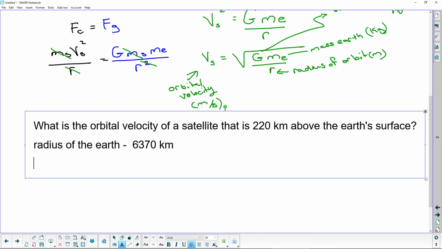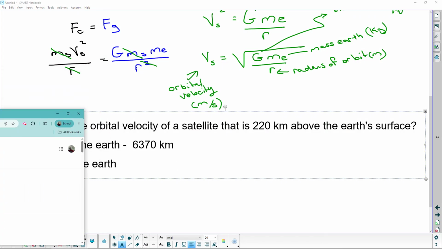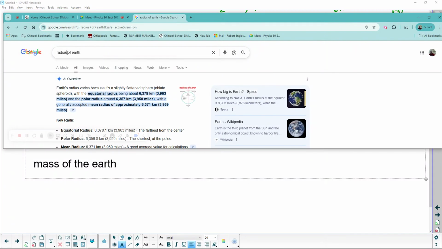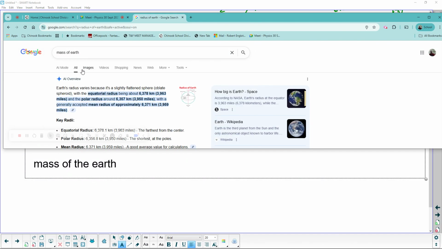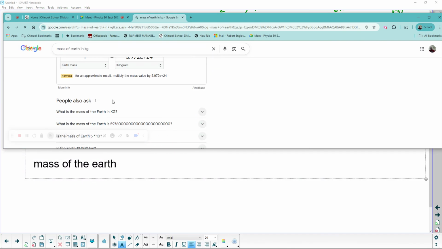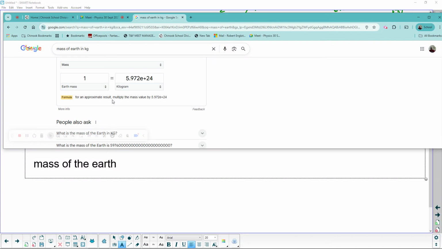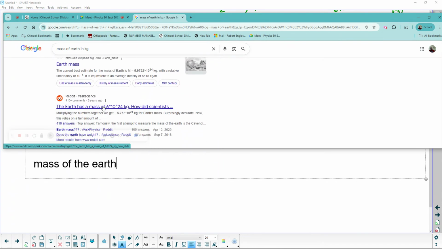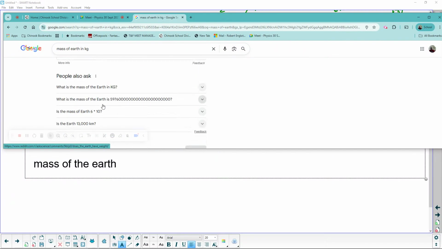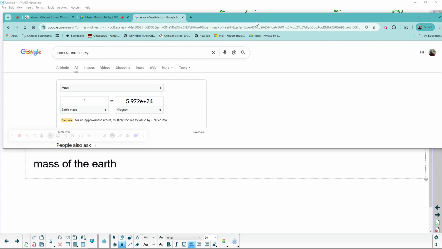Okay, and then the mass of the Earth. We'll look that one up as well and use the best estimate. It's 5.972 times 10 to the 24 kilograms. Let's use 5.97.